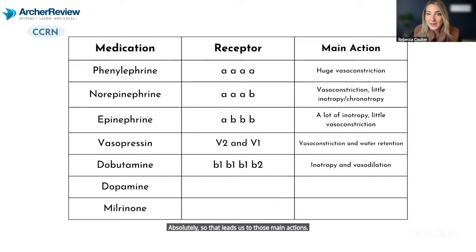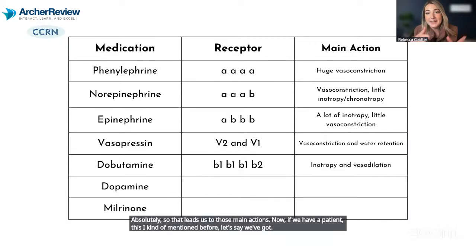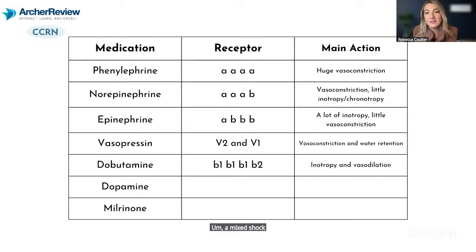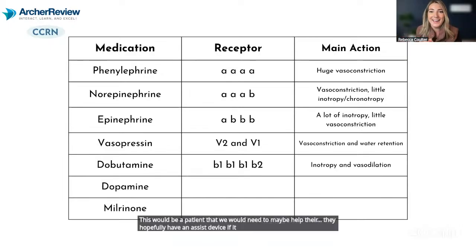Now, if we have a patient, as I kind of mentioned before, let's say a mixed shock patient, meaning they're handling multiple states of shock at once. They have septic shock mixed with cardiogenic shock from an MI. This would be a patient where, hopefully, they have an assist device if it's caused from an MI, but whatever the case is, we need to help their inotropy.